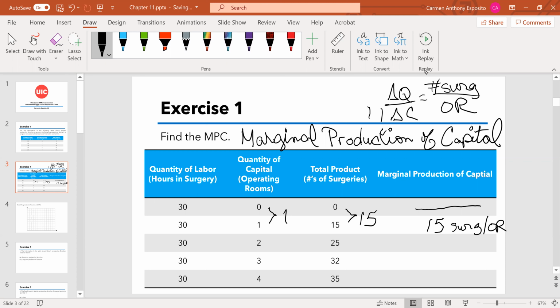Now let's move on. What happens when we get 2 operating rooms? Well, the change between 2 to 1 is 1. The change from 15 to 25 is 10. And so now it's 10 surgeries per operating room.